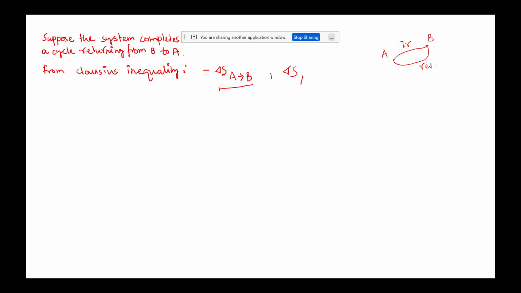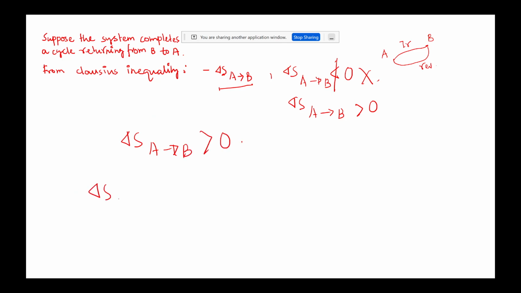So delta S AB cannot be less than 0. So since it cannot be 0 and cannot be negative, only one option remains, that delta S A to B is greater than 0.